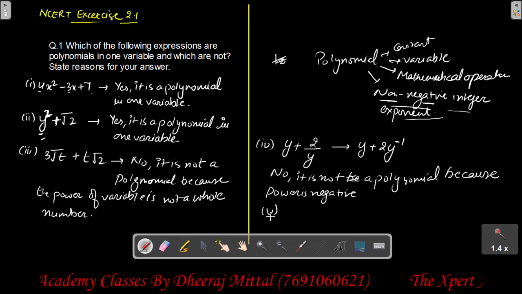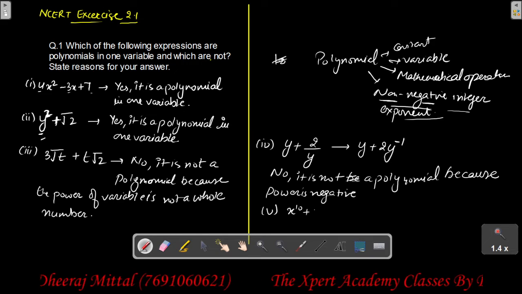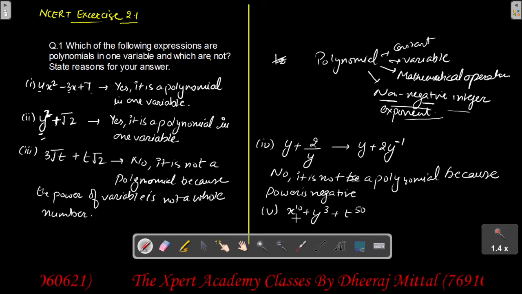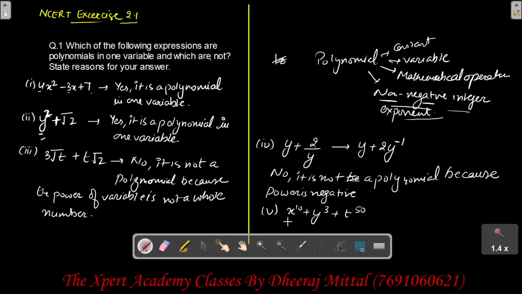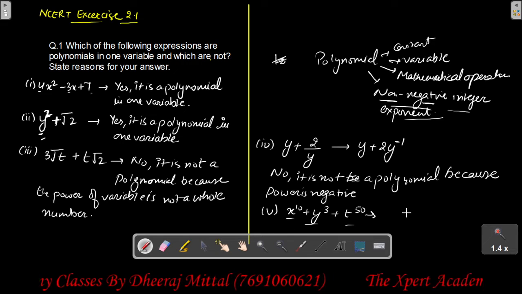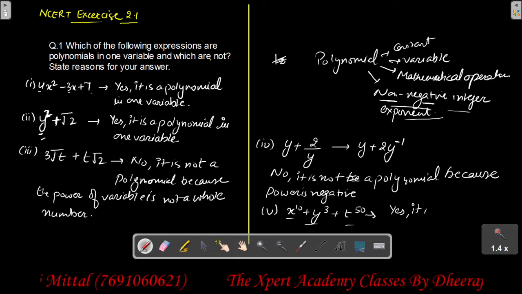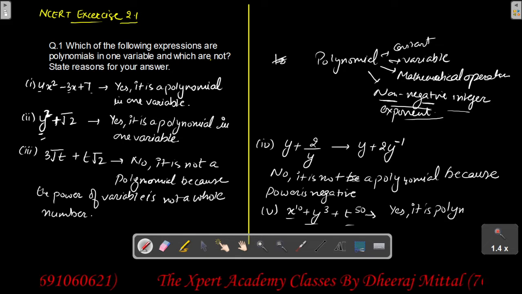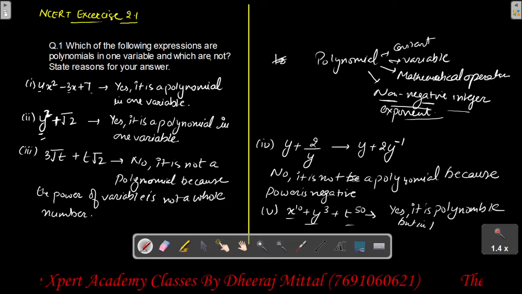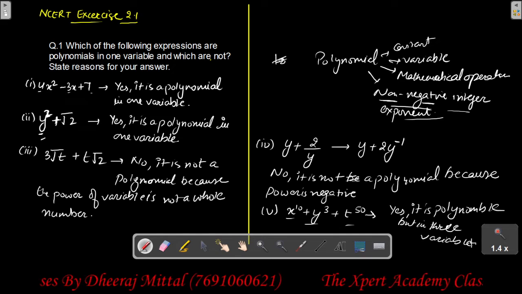Now the fifth part: x to the power 10 plus y to the power 3 plus t to the power 50. Here it is a polynomial, but it is a polynomial in 3 variables. So we will write: yes, it is a polynomial, but in 3 variables.